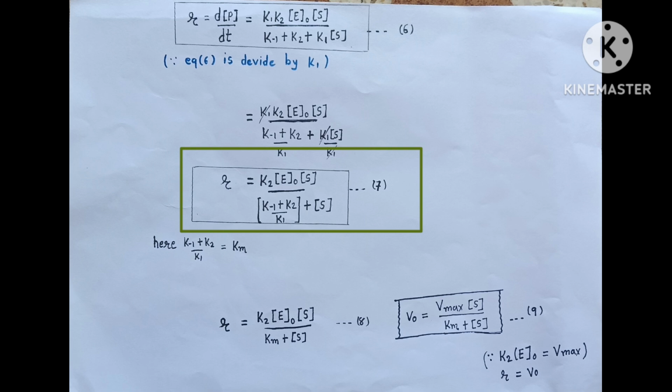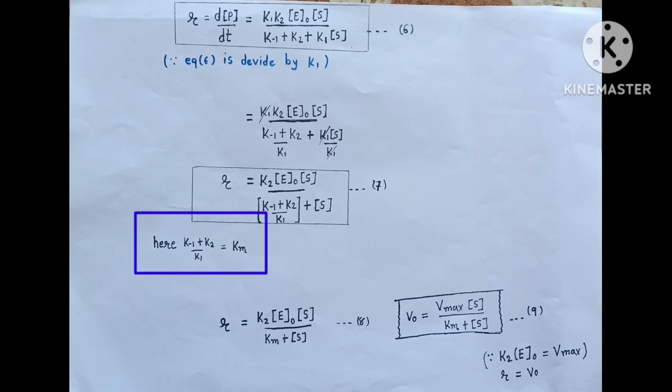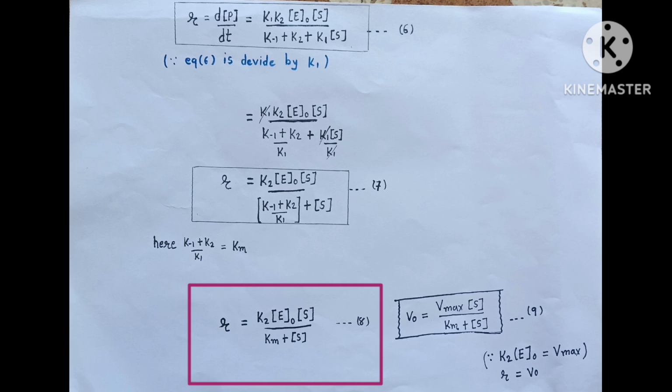This is our equation number 7. In equation 7, K minus 1 plus K2 divided by K1 is defined as Km, the Michaelis-Menten constant. So R is equal to K2 E0 S divided by Km plus S. This is our equation number 8.